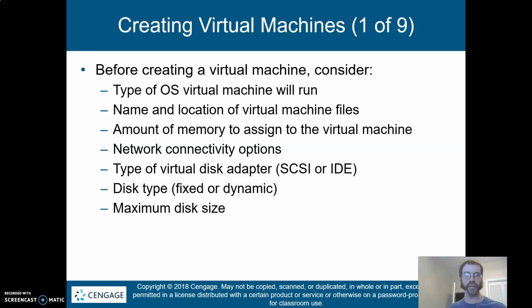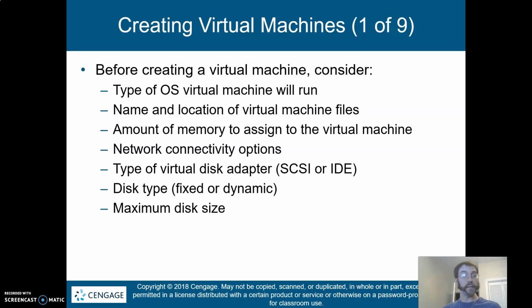With a thick provisioned lazy zeroed disk, it will earmark the entire size of hard drive that you need. It'll basically create a file of that size, but it won't actually initialize the new storage space with zeros until it actually needs them. That's the difference between eager zeroed and lazy zeroed. There's a performance trade-off here.